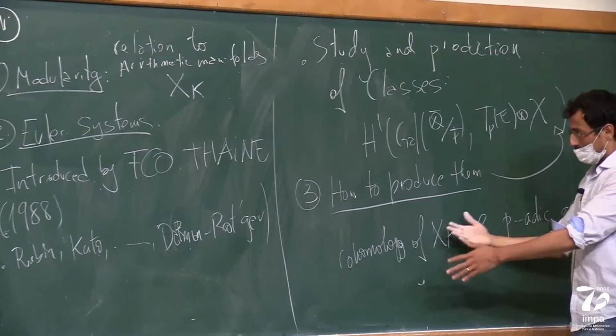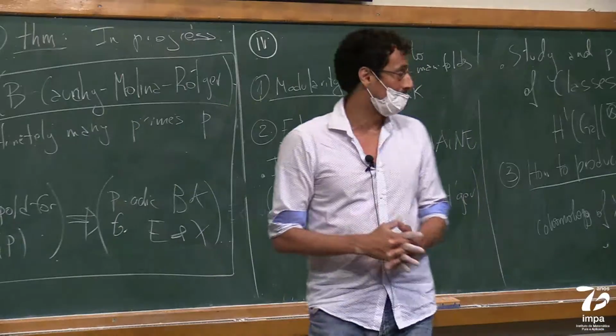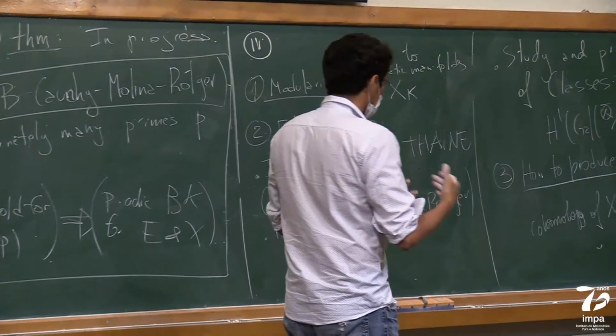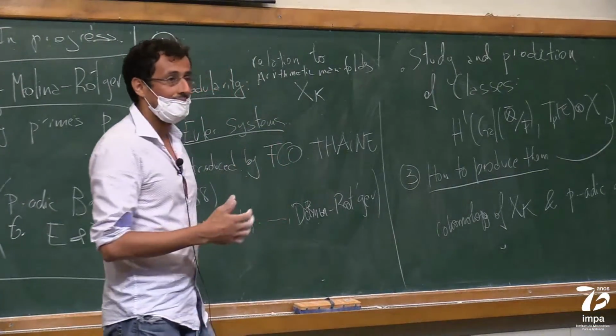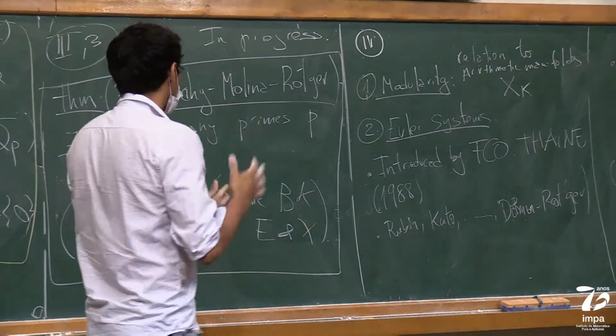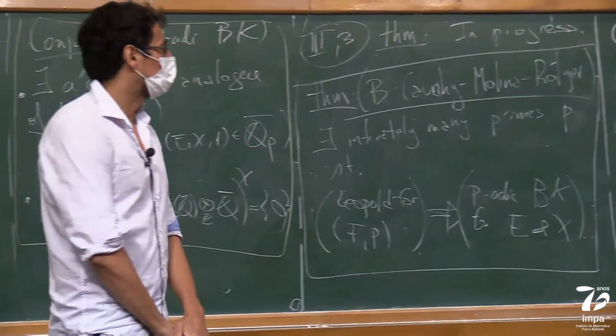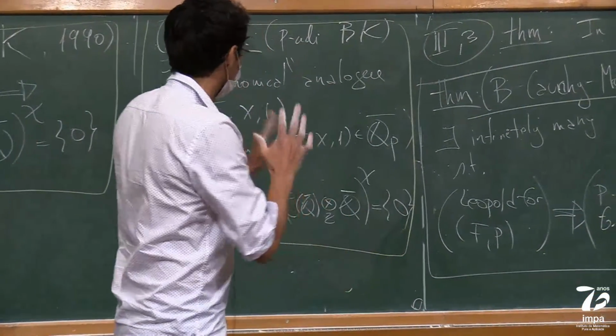So you use étale cohomology, coherent cohomology, and rigid cohomology, different kinds of cohomology of the curve. You mix with p-adic geometry and you produce some classes there, you study them, and you link with L-values. So at least that gives an idea how you relate this tool of arithmetic manifolds with this kind of problems.